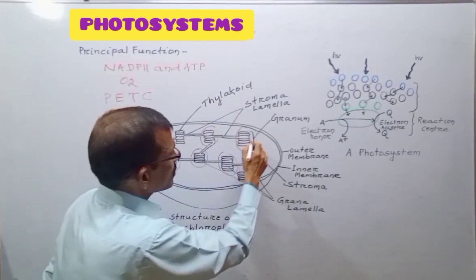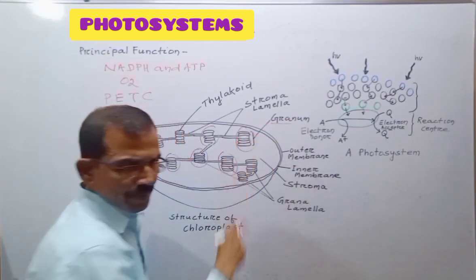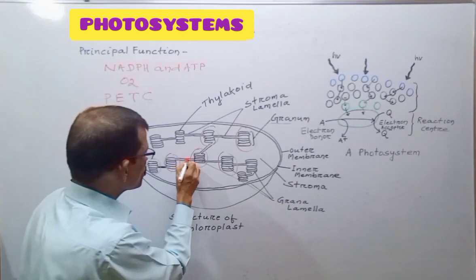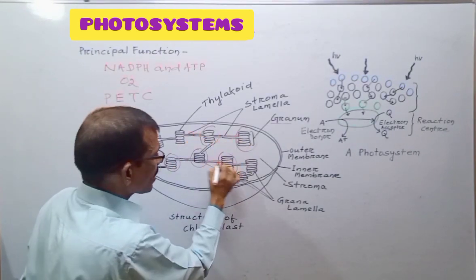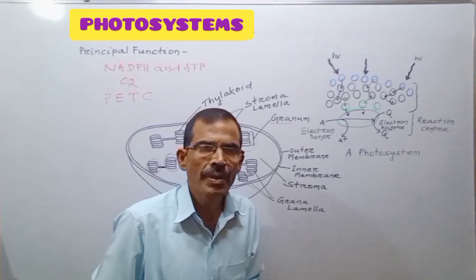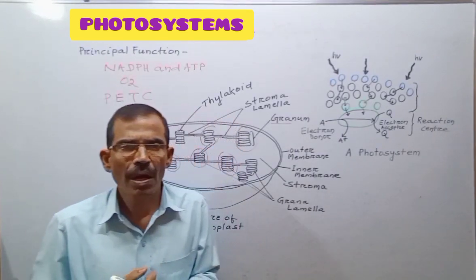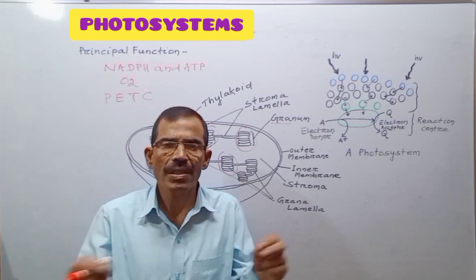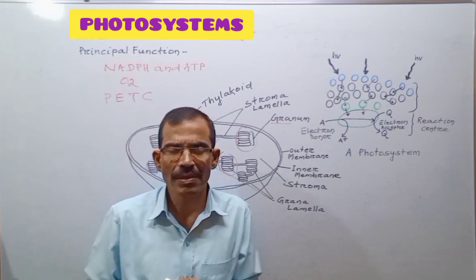A single stack is called a granum, whereas the exposed membranes, where stacking is absent, are called stroma lamella. It is the thylakoid membranes which contain all types of photosynthetic pigments.